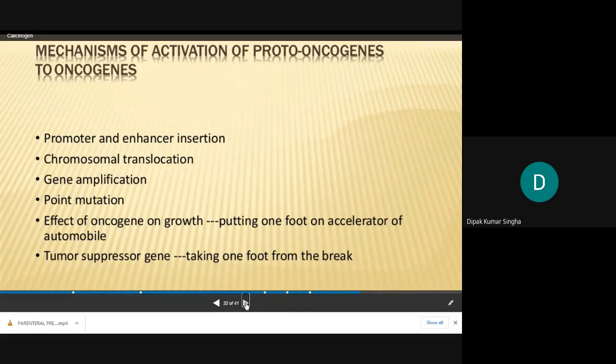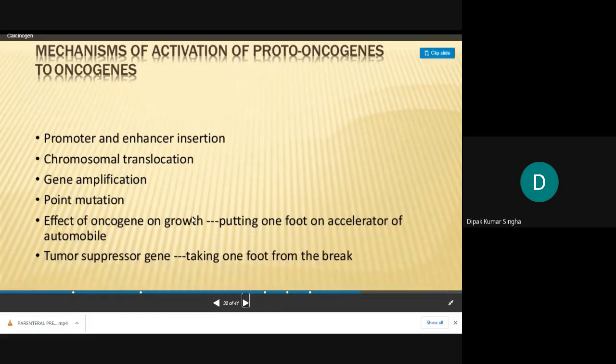Effect of the oncogene on growth: it is like putting a foot on the accelerator of an automobile. Actually, automobiles produce some gases that produce some cancer, and the tumor suppressor gene is like taking one foot from the brake. These are very good examples.